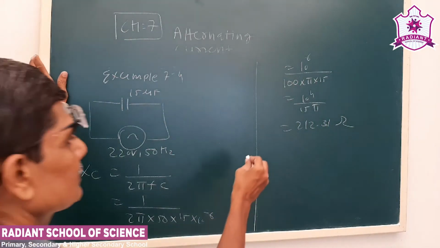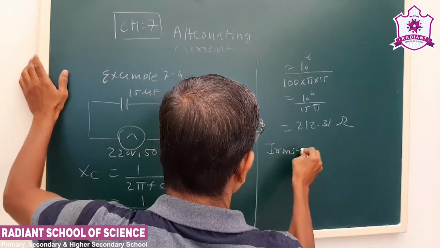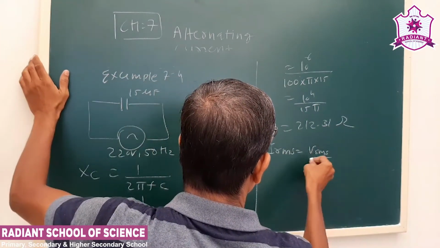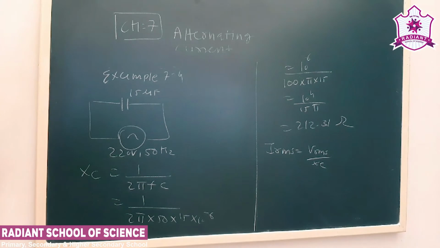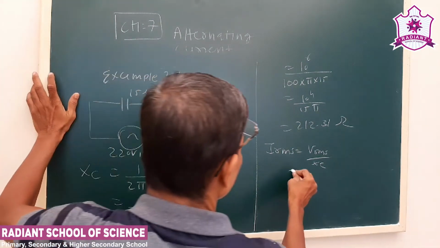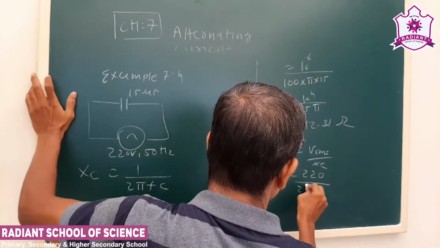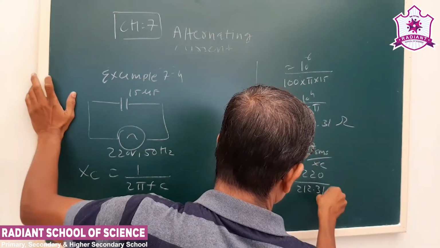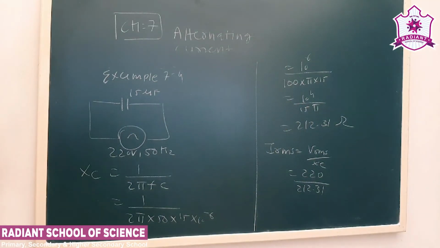Now IRMS is VRMS upon XC. Here VRMS is 220, and the capacitive reactance value is 212.